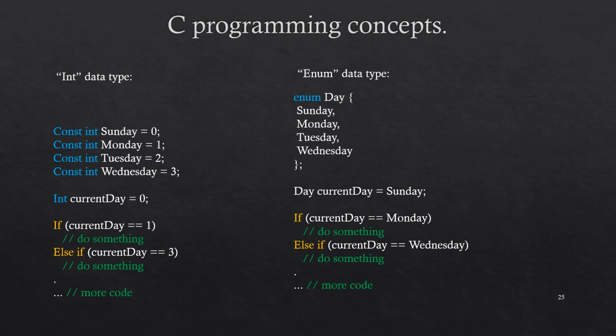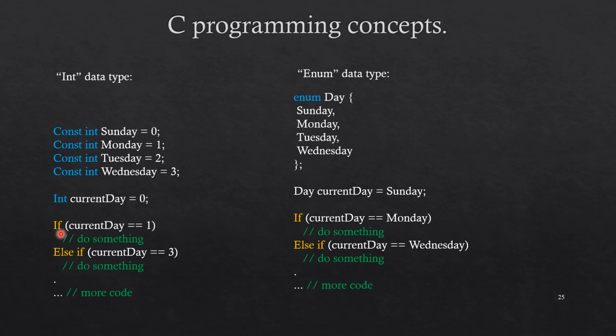So in this example, we have defined multiple constant integers with the names of the day of the week, and we have given them values as 0, 1, 2, 3. And then we are using a variable which is called current day, and we are assigning the value 0 because today is Sunday in this example.